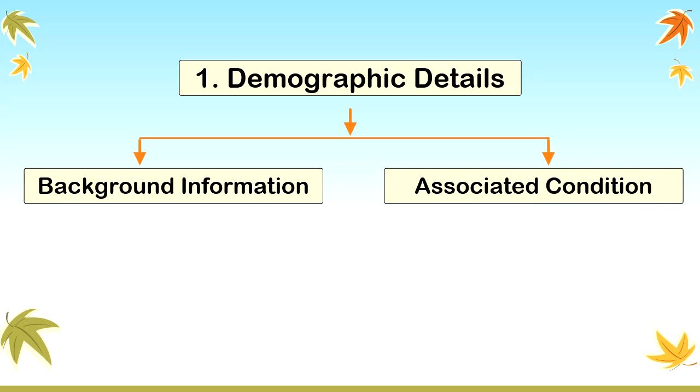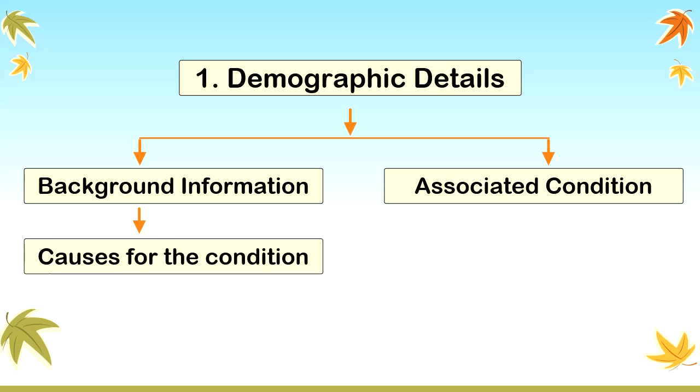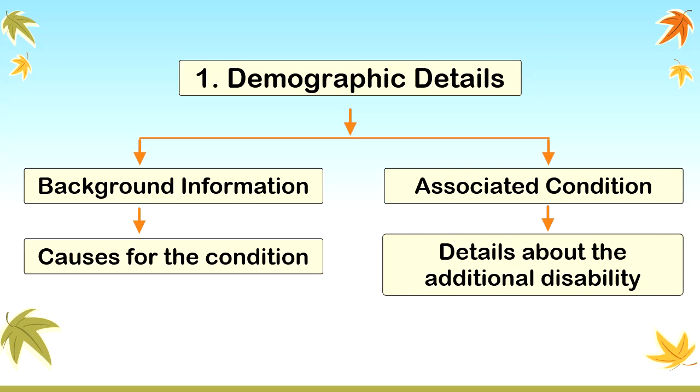The background information includes cause for the condition like prenatal or postnatal, whether the parents are related to each other, siblings details, developmental history, school history, etc. The associated conditions are nothing but the details about the additional disability that exists in the child apart from the current condition. Some Down syndrome kids are associated with autistic features.